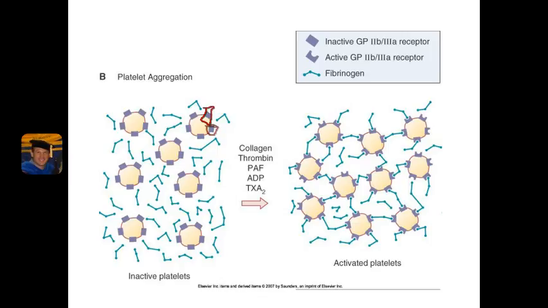Get it? It's 2B. It will be in the future. And in its active form, it's 3A. So fibrinogen can only bind to an activated 3A receptor. GP stands for glycoprotein. It's extremely important because we have drugs that can inhibit these receptors from activating.